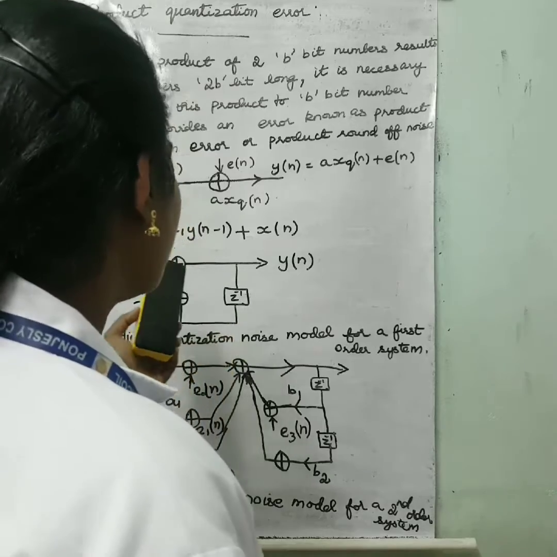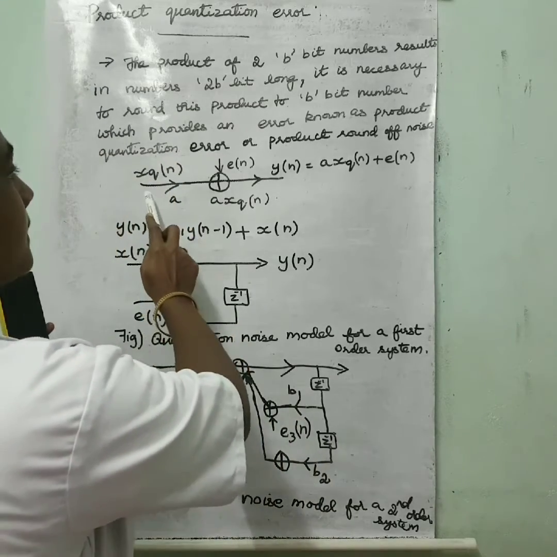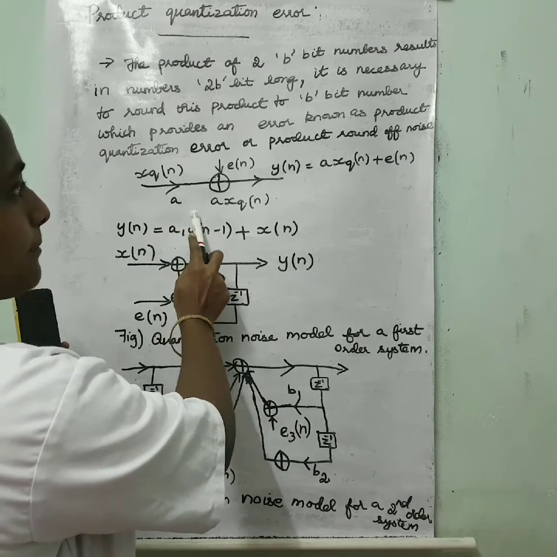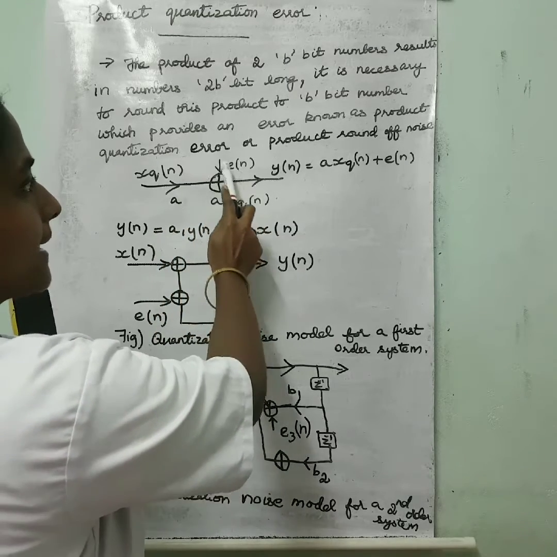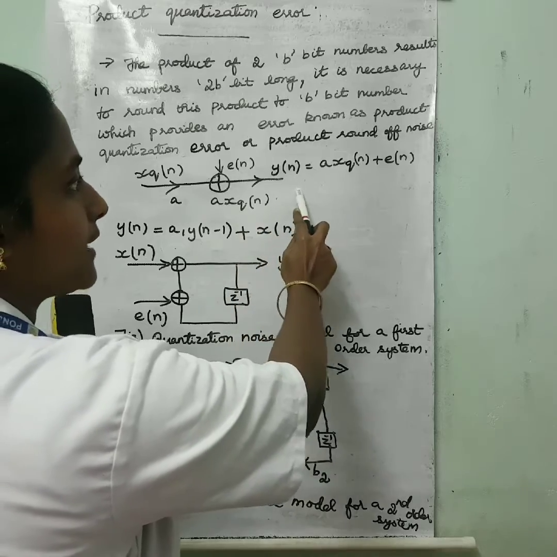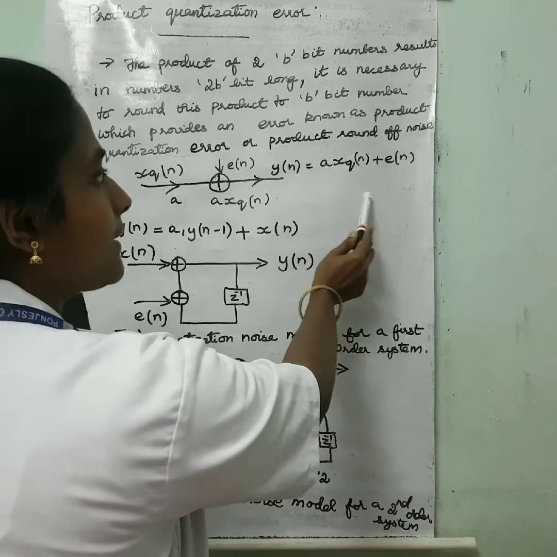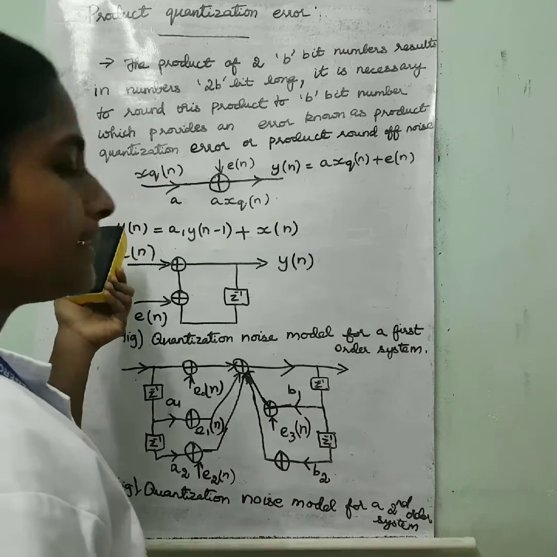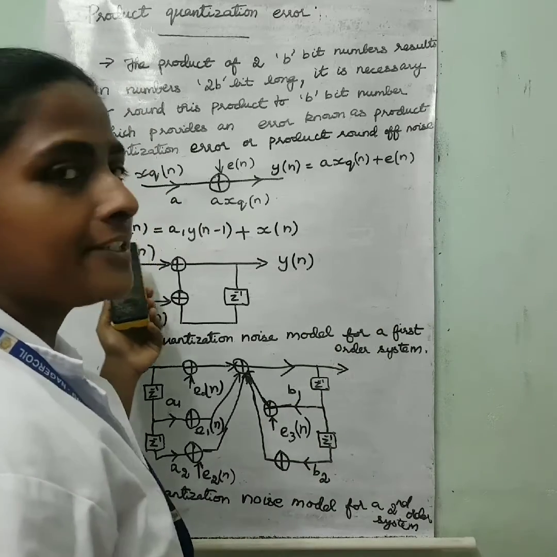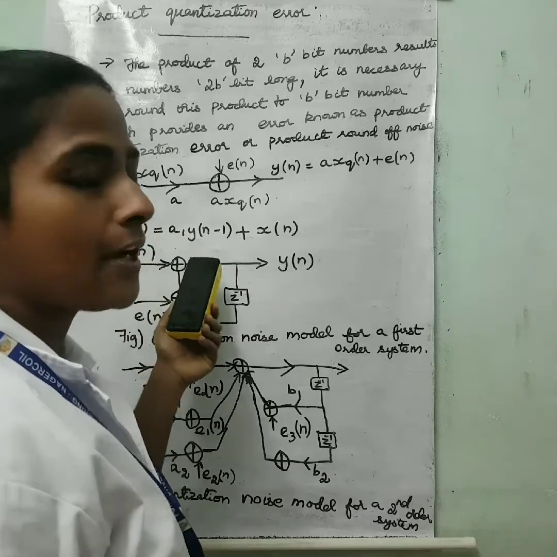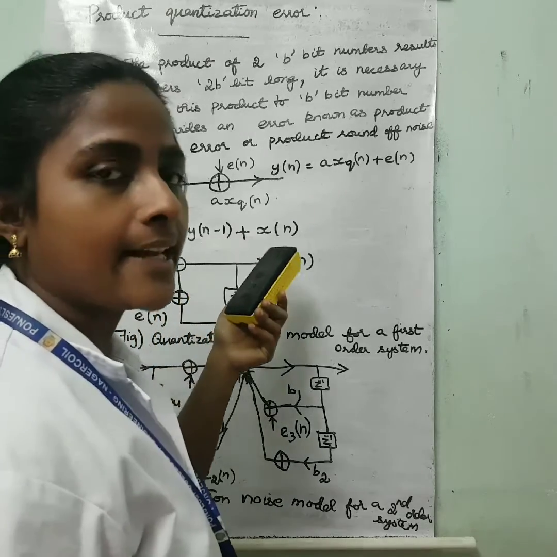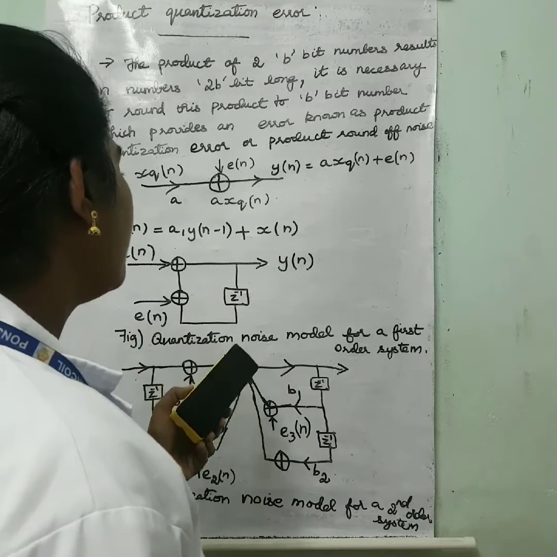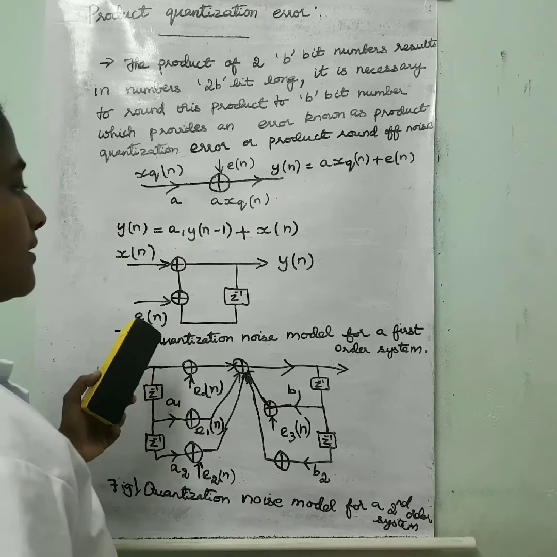Next you see the diagram, that is xq of n. When multiplied by a, you get an error e of n. So y of n is equal to a into xq of n plus e of n. Consider the difference equation y of n is equal to a1 into y of n minus 1 plus x of n, and using this difference equation we are going to draw the quantization noise model.